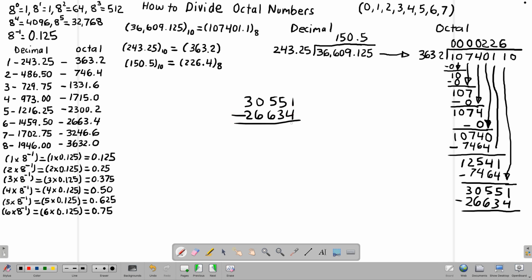And of course, when you subtract 4 from 1, you're going to produce a negative number. So borrow. That leaves 4 there. That leaves an 8 here. So 8 and 1 is 9. And when you subtract 4 from 9, you get 5. Subtract 3 from 4, you get 1. When you subtract 6 from 5, you're going to produce a negative number.